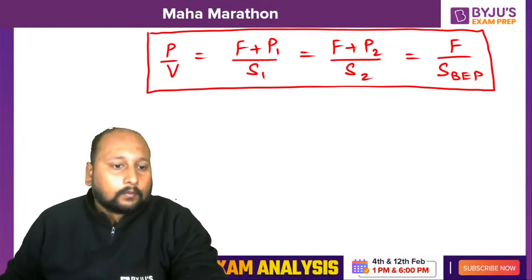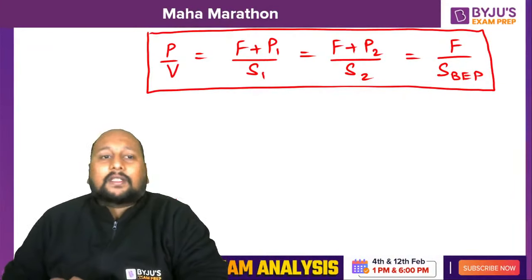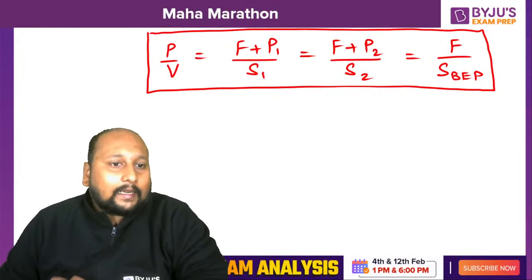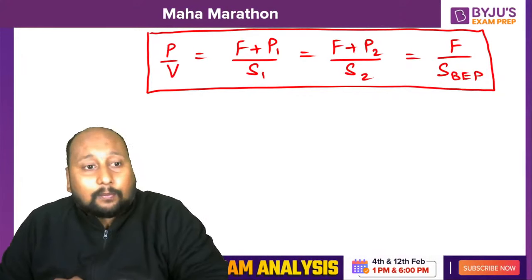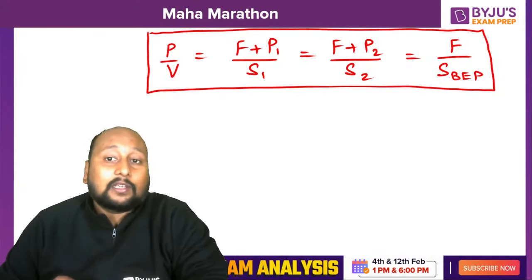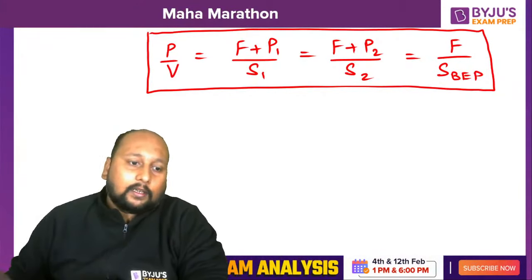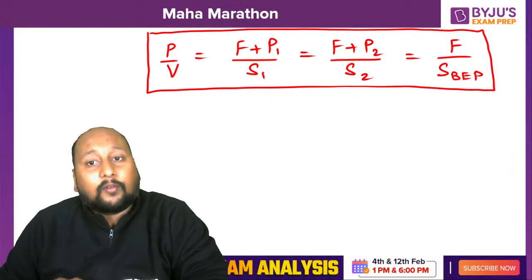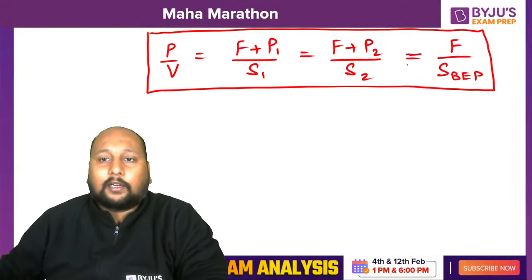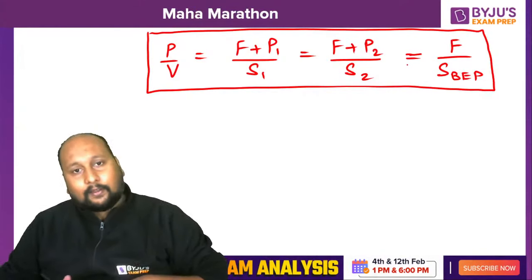Exactly, because that particular point is the break-even point, and at the break-even point we have zero profit. It is a no profit, no loss condition. That is the reason I have not written any profit. Very good.